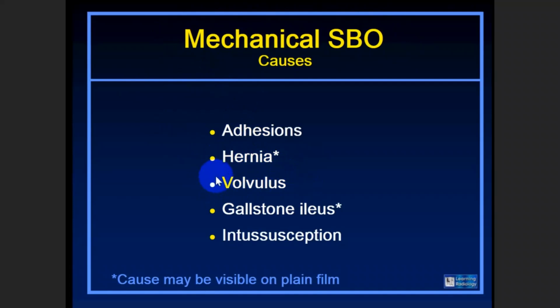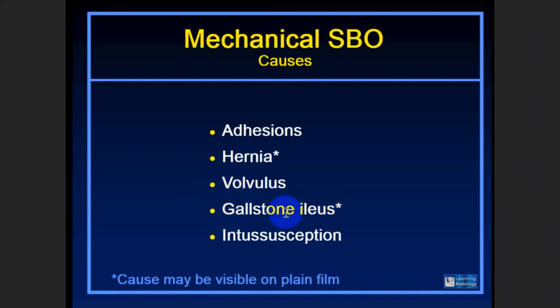We have the commonest, sigmoid volvulus in elderly men, and cecal volvulus, according to the anatomical location, either the volvulus was in the cecum or in the sigmoid, or in pediatrics, midgut volvulus, and some cases of malrotation, which is a congenital abnormality.